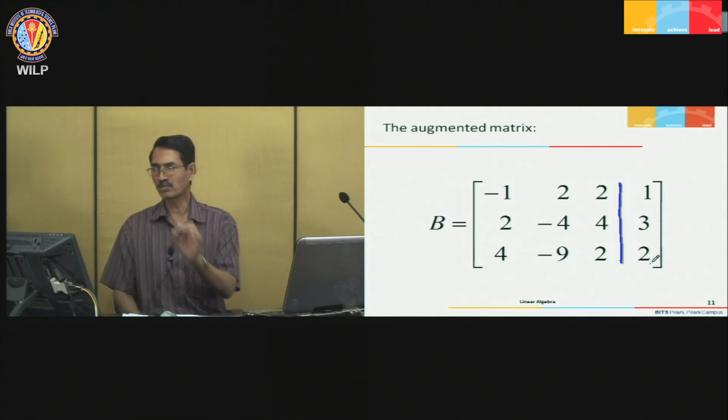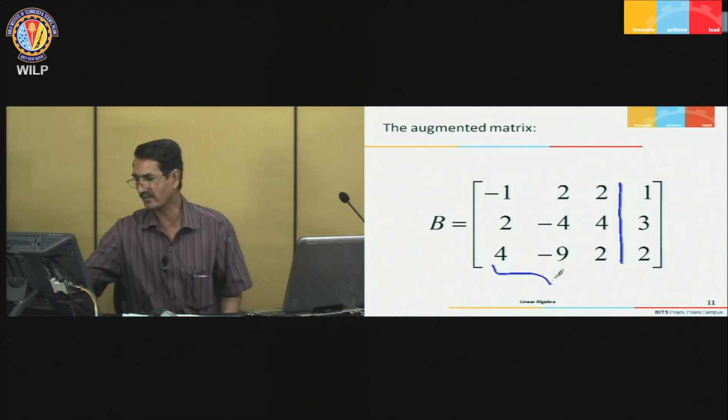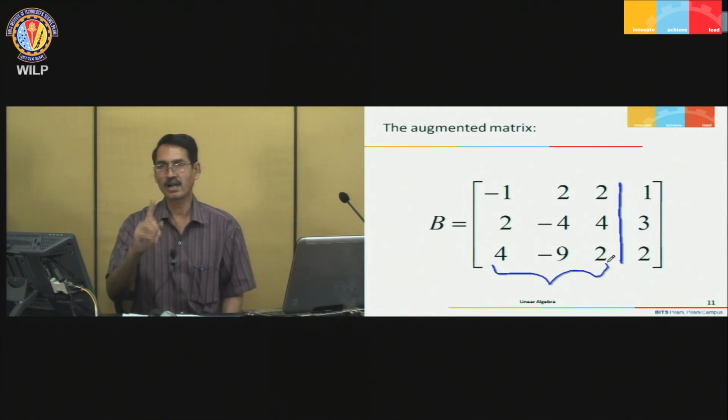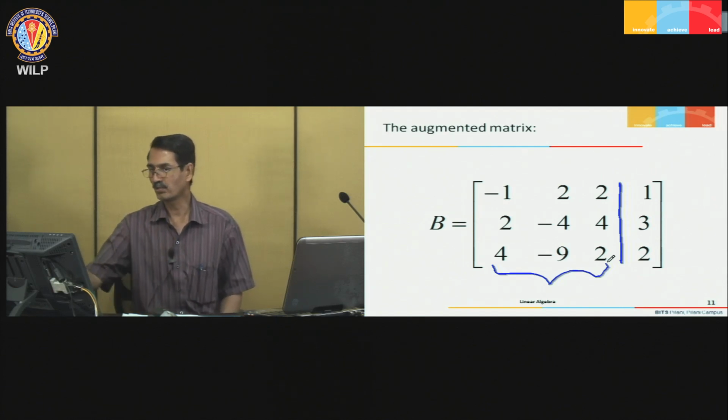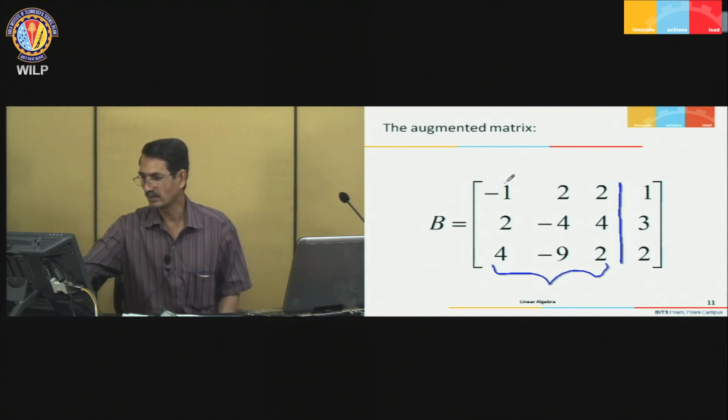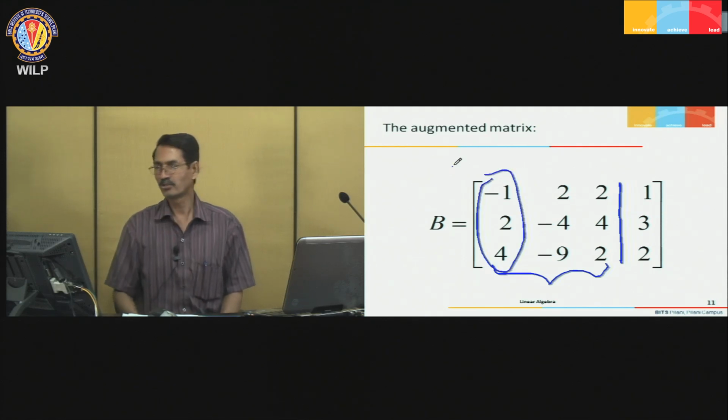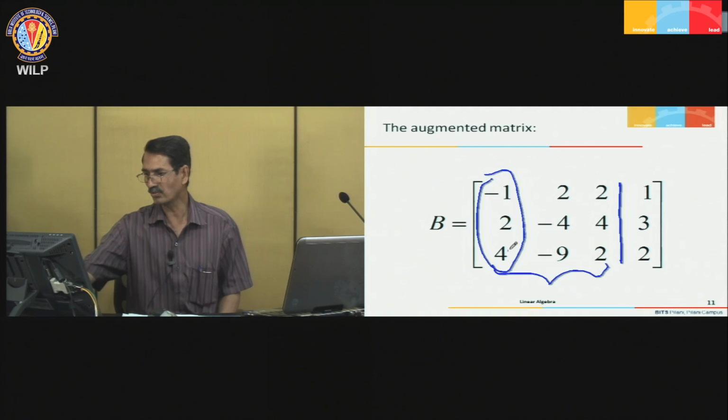Now, we want to convert this matrix A into an upper triangular matrix with the help of Gauss elimination. Then what is the technique? As I told you, look at the first column. What is the numerically largest value here in the first column: minus 1, 2, 4.